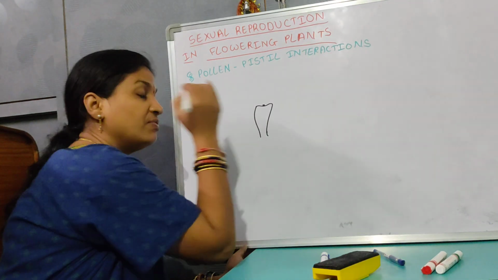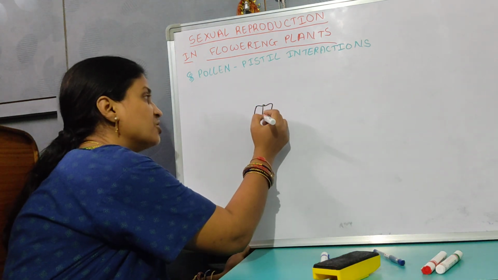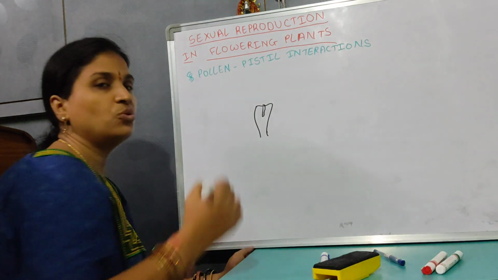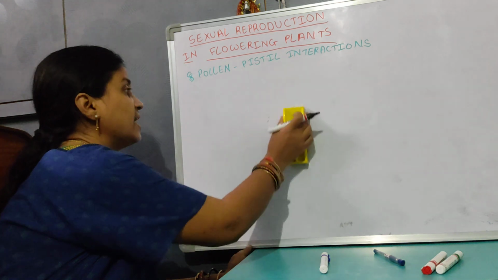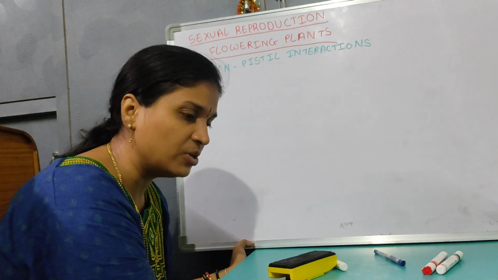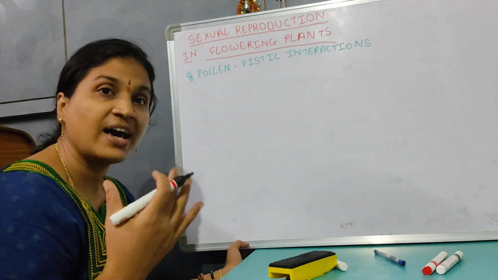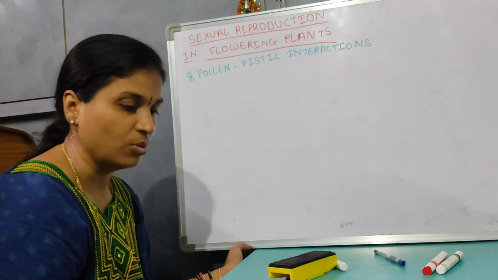If it is a correct one, it germinates and produces the pollen tube, which bears the 2 male gametes. So the interaction between the pollen grain and the pistil happens with the help of chemical components.